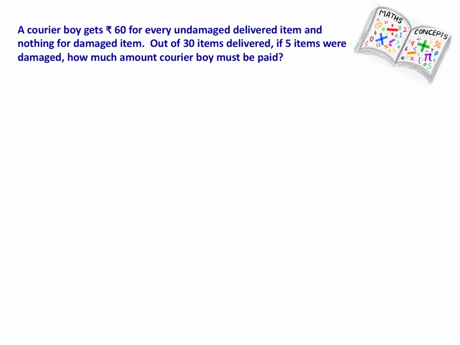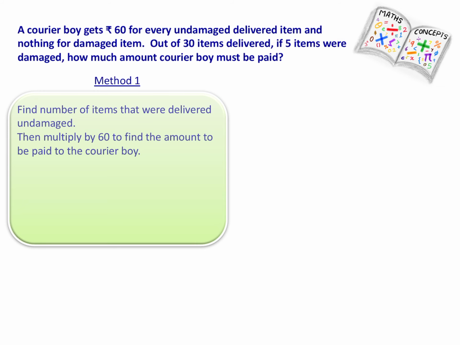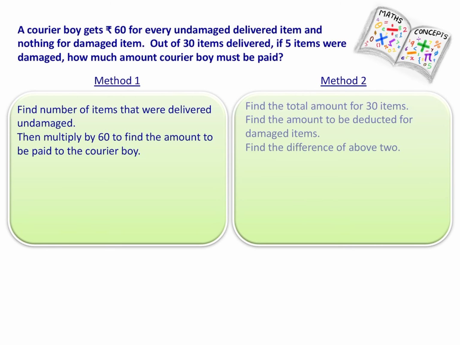Here again there are two ways to find out the answer. One is to find out the number of items that were delivered undamaged, that is 30 minus 5, and then multiply it by 60. And the second method is to find out the total amount that would have been paid for 30 items and then subtract the amount that needs to be deducted for 5 damaged items.